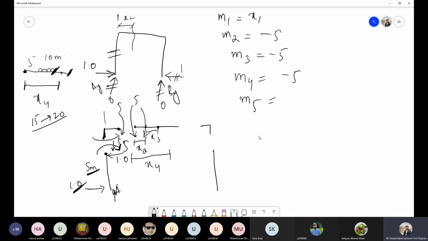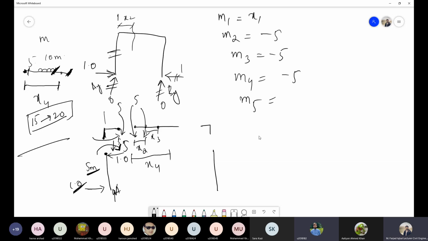Because 0 to 20 means that it is valid for this 0 as well, or for 2 meter as well. So if I substitute 2 meter, then this equation for M4 is not valid because it is valid only for this particular region, right? Yes, sir. So for X4 it is 15 to 20.